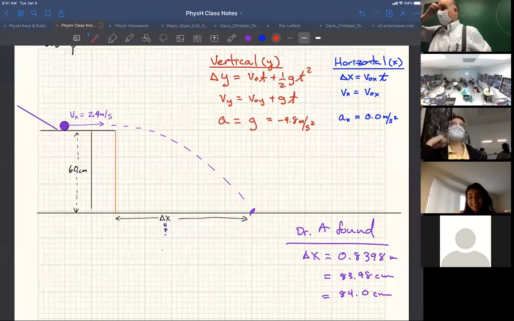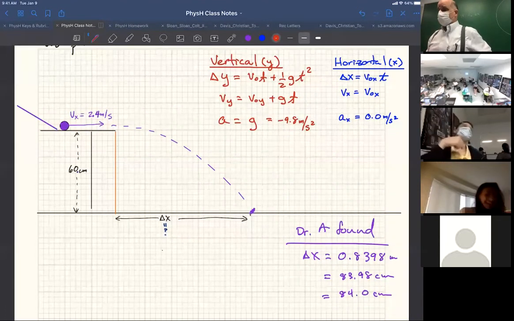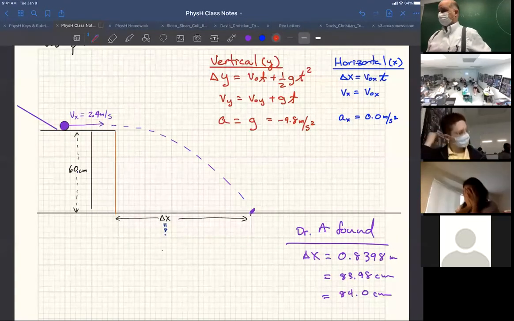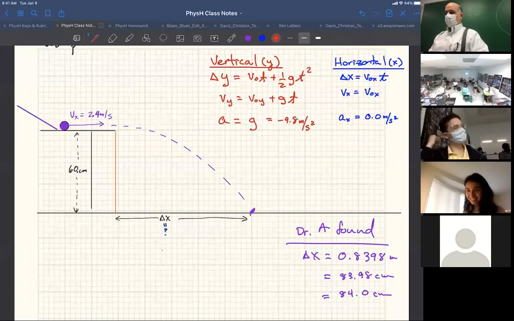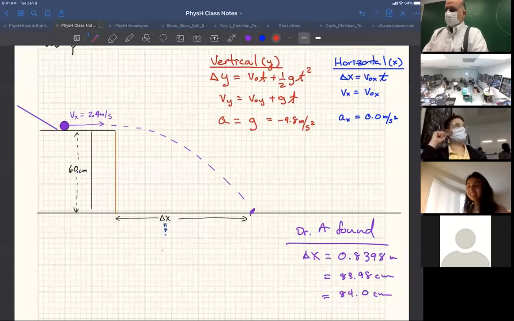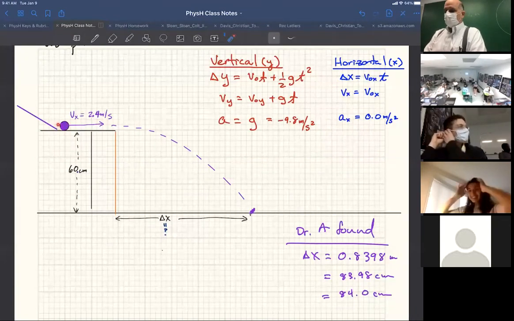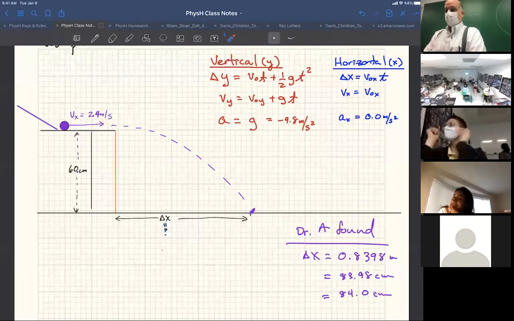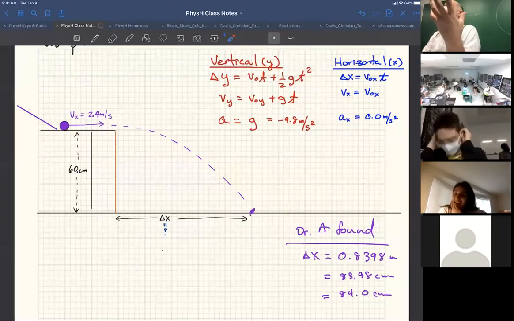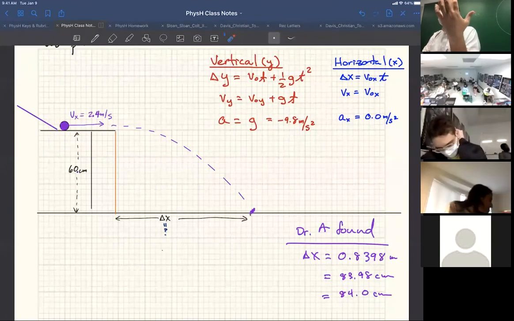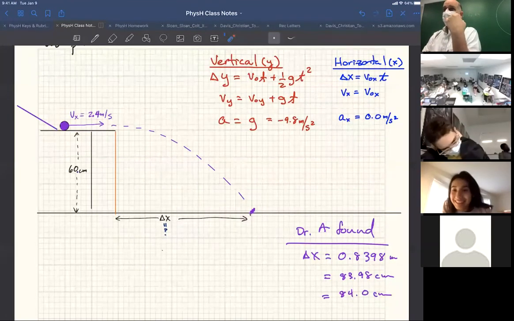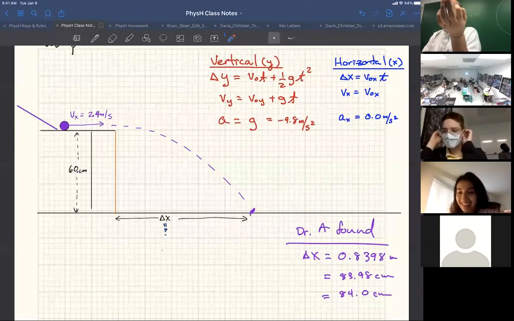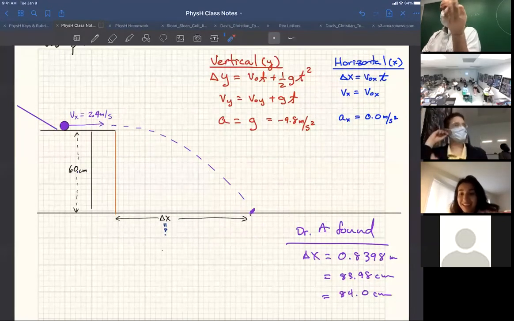Okay. So here's what I'm going to ask you to do. There's going to be a steel ball that is rolling across the lab table. You're going to make measurements. I'm going to set most everything up and give you the tools to make accurate measurements of the ball's velocity.